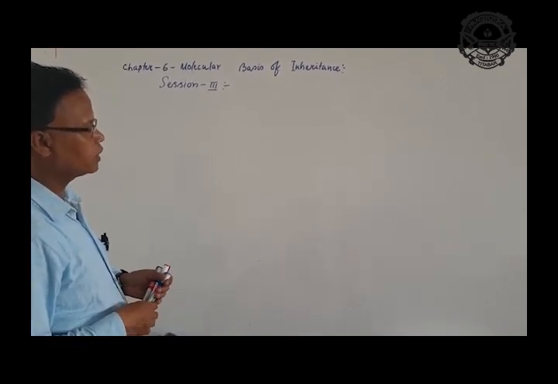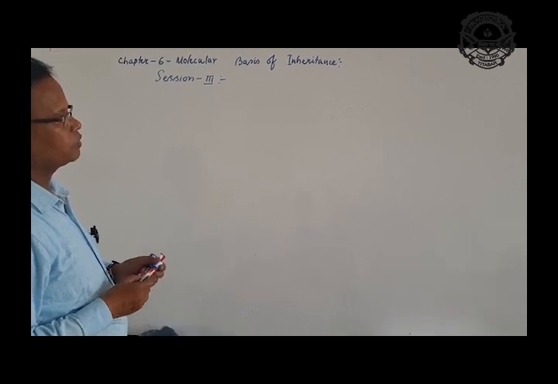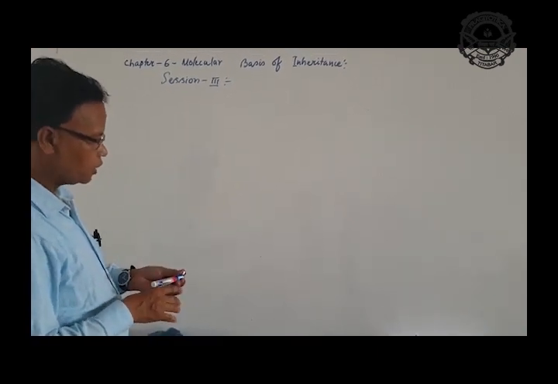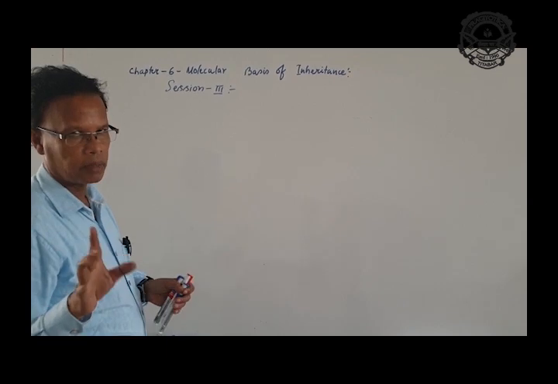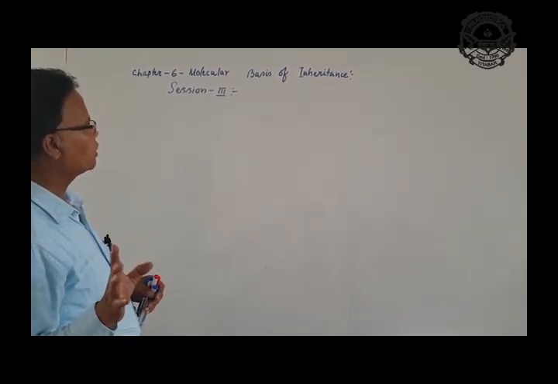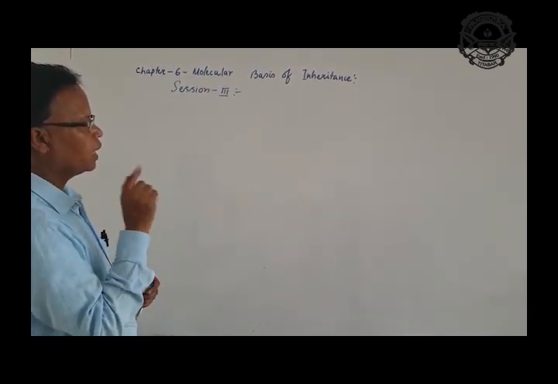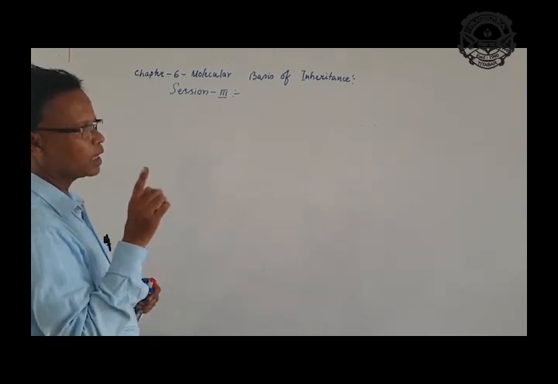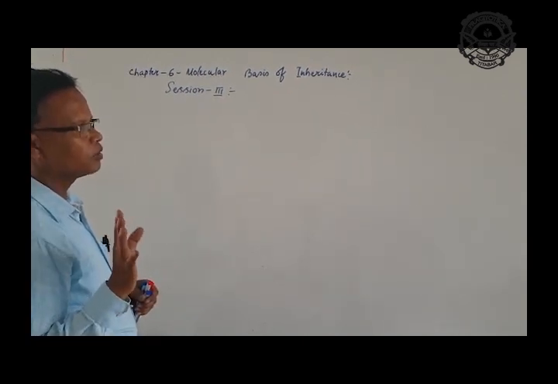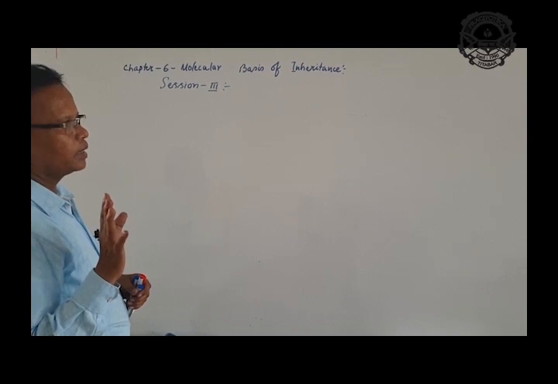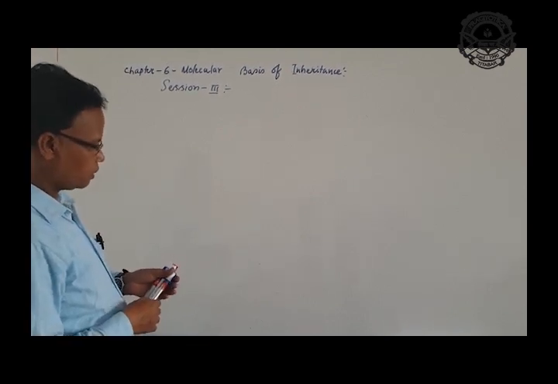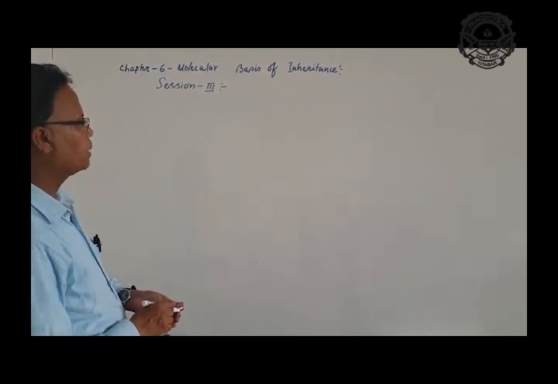In DNA there are 4 different types of nucleotides present. I have given the structure of one of them, the dAMP structure, but nucleotides can be represented diagrammatically as well.